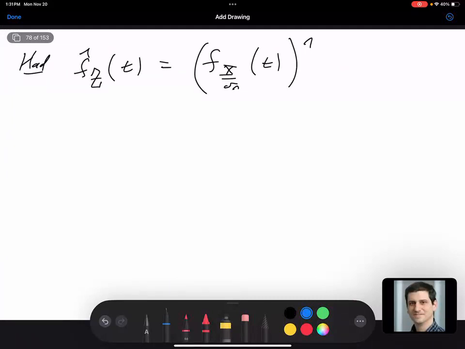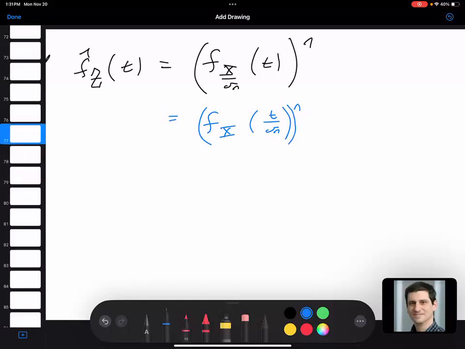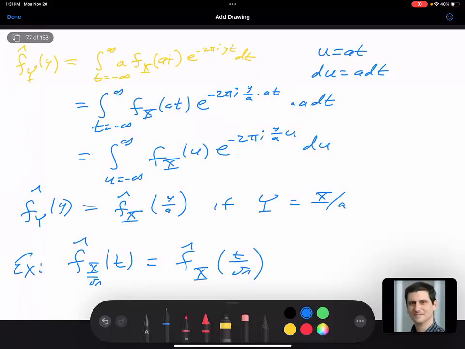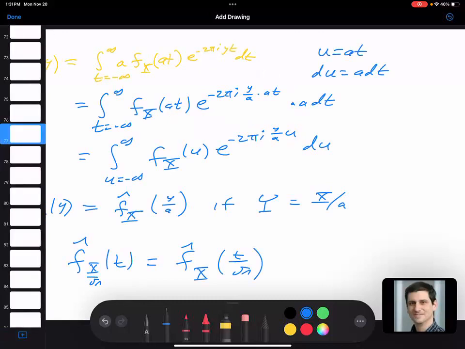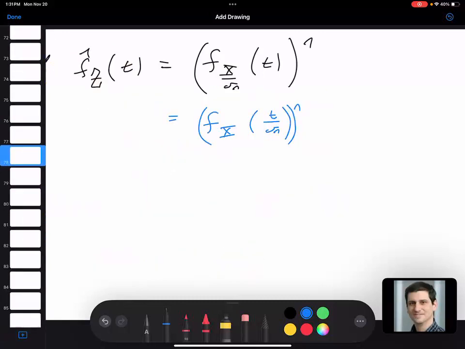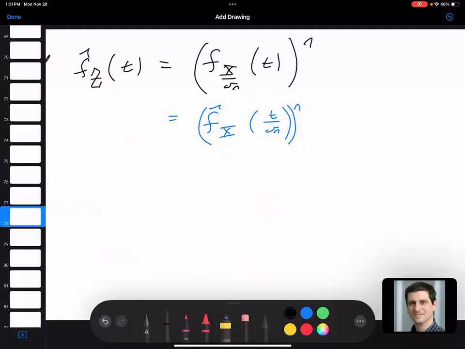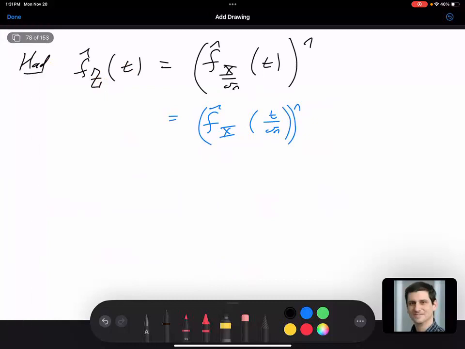But from what we just saw a moment ago, this is the Fourier transform of X at t over square root of n, to the nth power. Right? We just proved that a moment ago. All the f should have hats, yes, they should definitely have hats. All right, so do we all agree that we have this now?